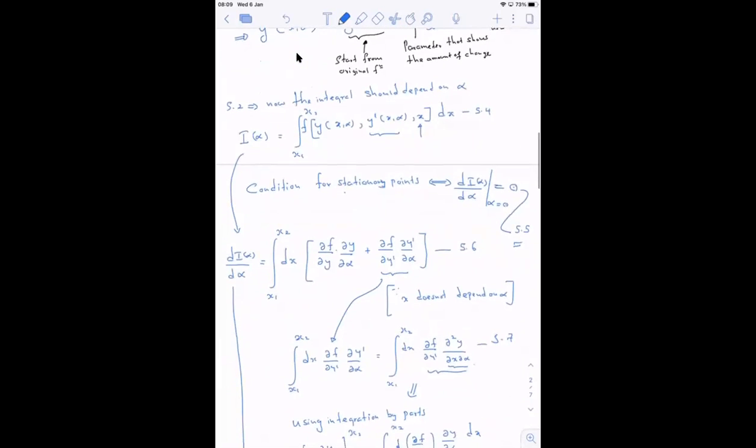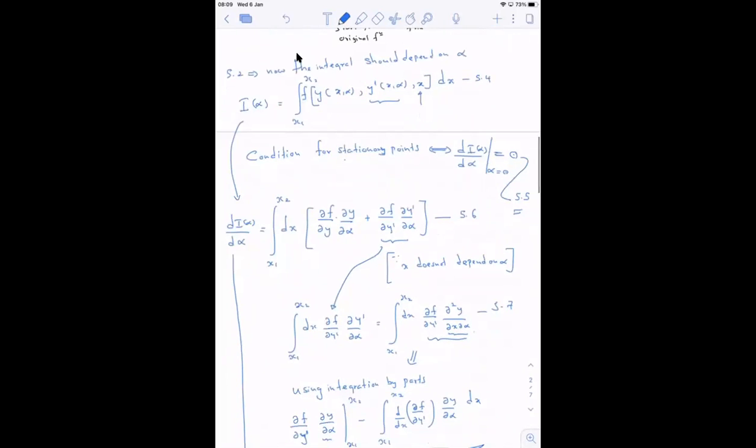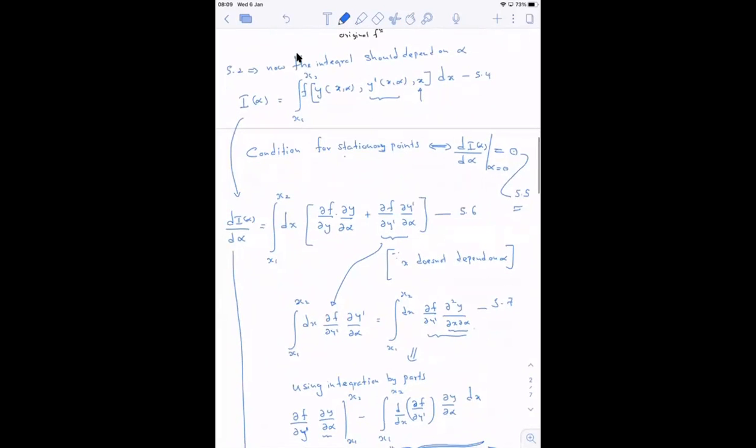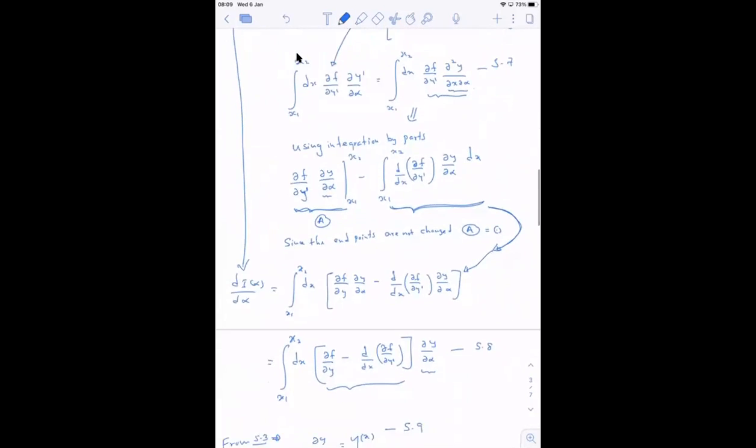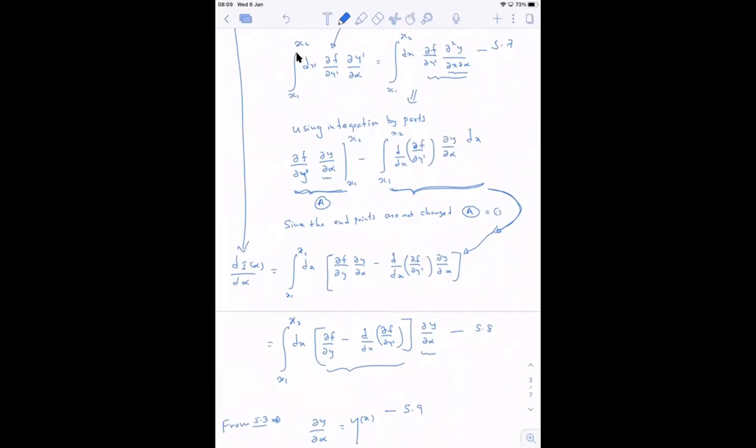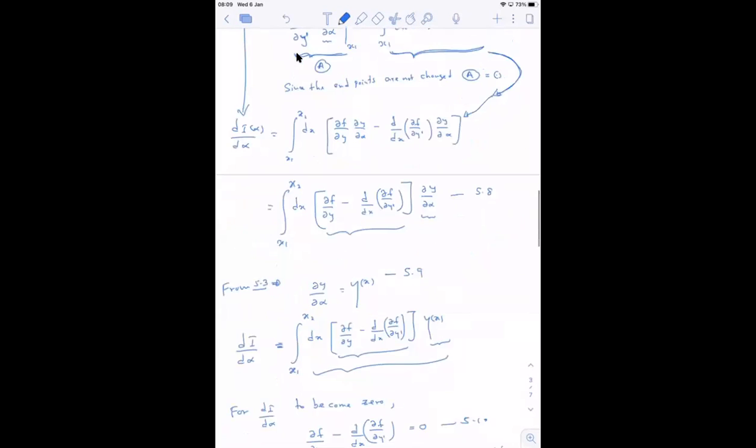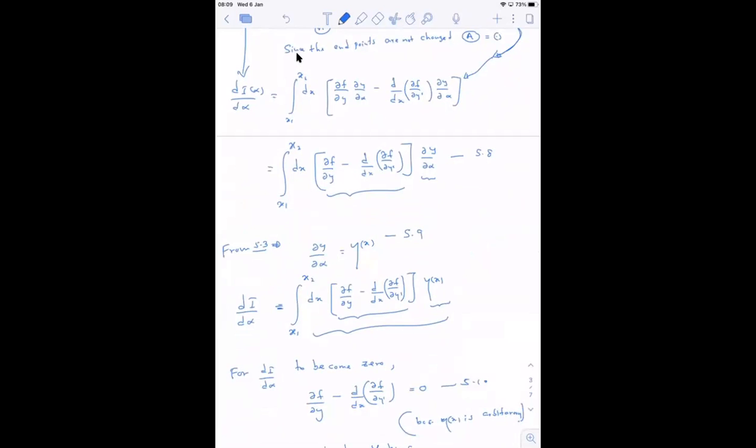After you differentiate it and then apply integration by parts for the second term, you have this final equation, which is 5.8, and then you replace dy over d alpha in equation 5.8 with eta(x) according to equation 5.3, where you would get an equation which is very similar to the Lagrange equation, and in fact it is the Lagrange equation.